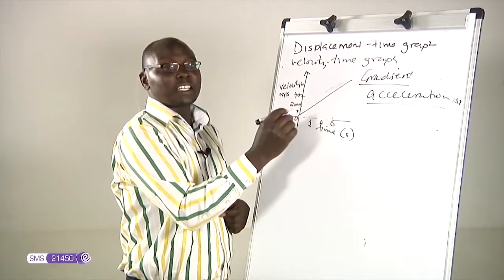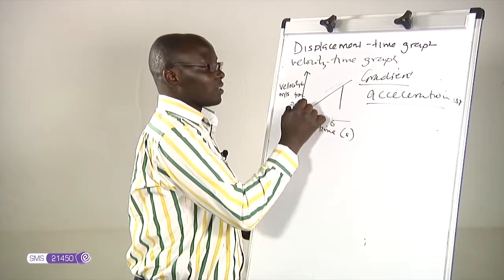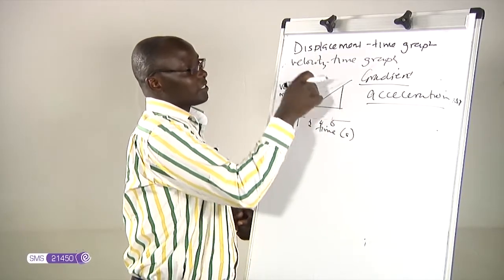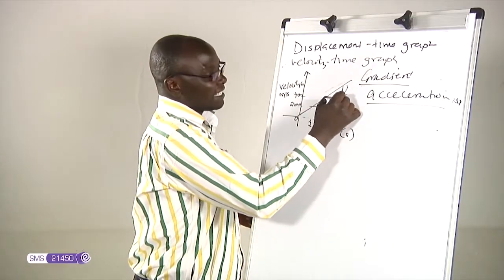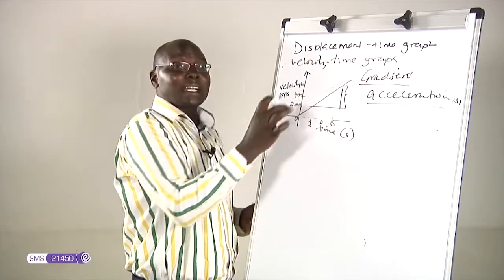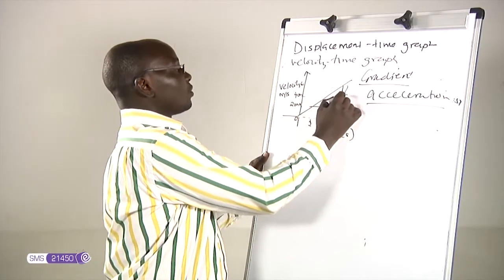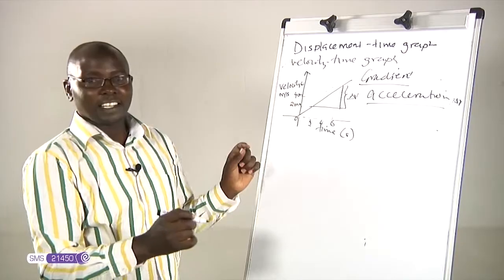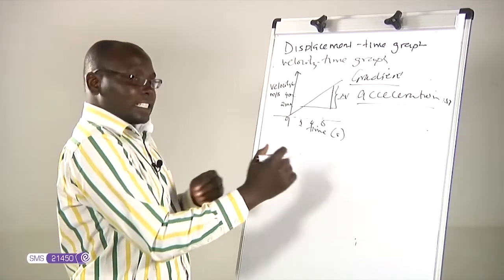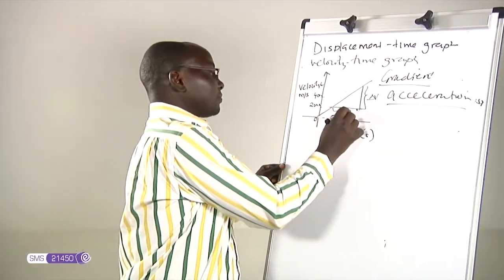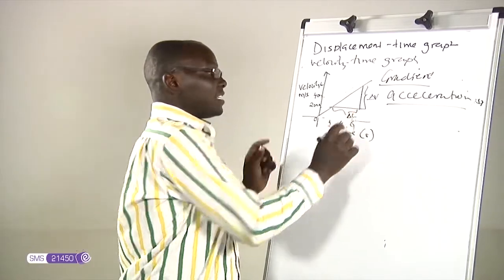If I need to draw the gradient for this line, I look for two points on the y-axis and the x-axis. The y-axis gives me the change in velocity, this could be v1, v2, so that is the change in v. Then the x-axis gives me the change in time. This delta means change.